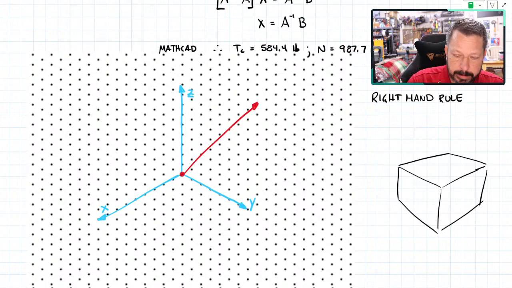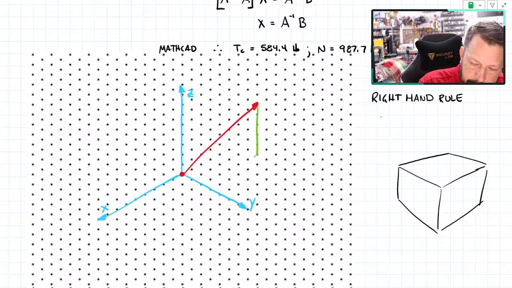So I am going to do it this way, where, well, let's use green. I'm going to drop down to the XY plane, and then go over to the y-axis, and then back to the origin.